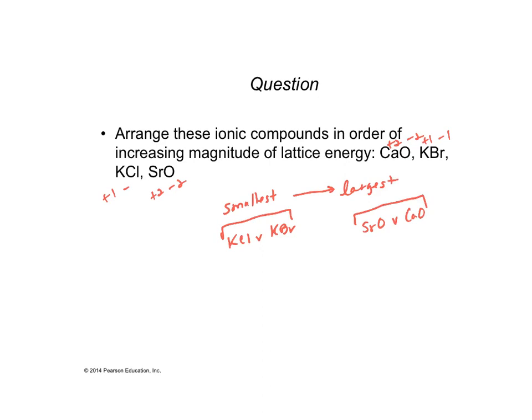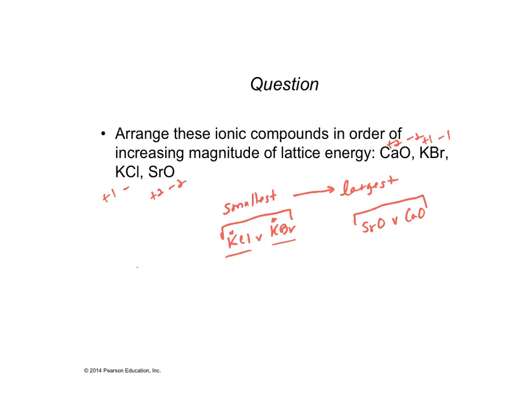Now if I wanted to figure out who's got the smallest lattice energy between potassium chloride and potassium bromide, what should I consider as a difference between these two? The overall size, right? Both of them have potassium, so we can't consider that. But the anion in one is chlorine and the other is bromine, right? So who's larger, bromine or chlorine? How would you know?